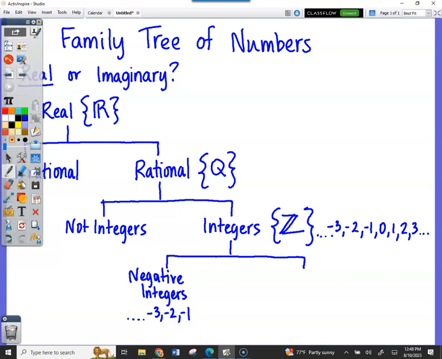Now you might think the other family would be the positive integers. Yes and no. Yes, it is the positive integers, but it actually also includes the number 0, and so it gets a whole new name, which, no pun intended, are called the whole numbers.